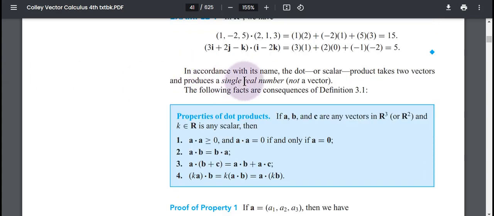Okay, so once we have a definition for the dot product, we can prove various properties of the dot product. One is that if you take the dot product of A with itself, it cannot be negative. It has to be either 0 or a positive number.